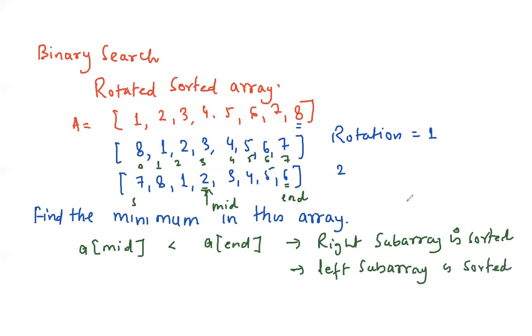Now, since you know this information, what do you gain from it in the minimum problem? When you have to find a minimum element in an array, how do you gain out of this insight? If the right hand side of the array is sorted, that means all the elements on the right hand side of mid are bigger than it.